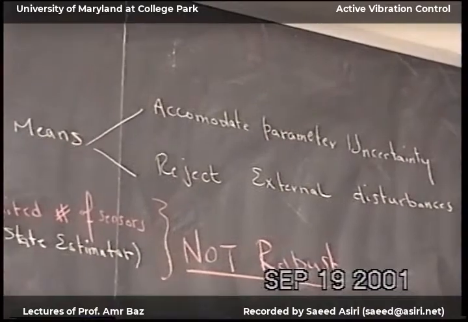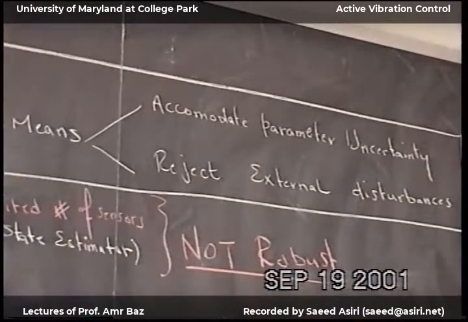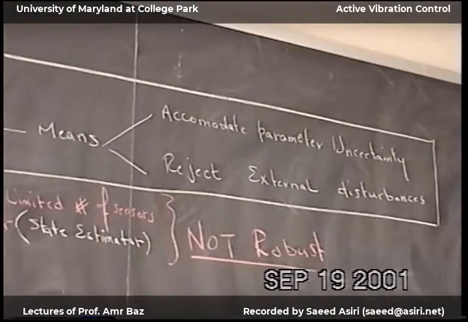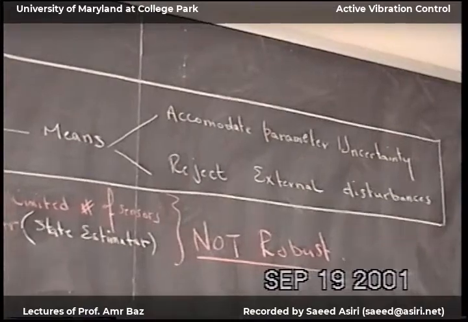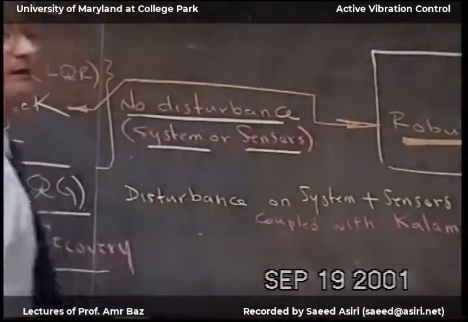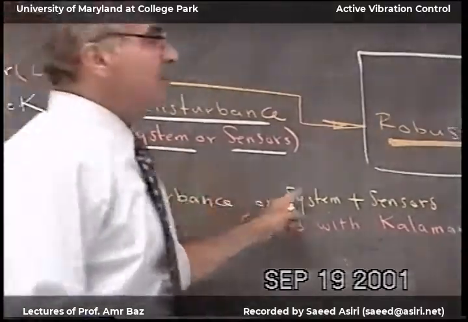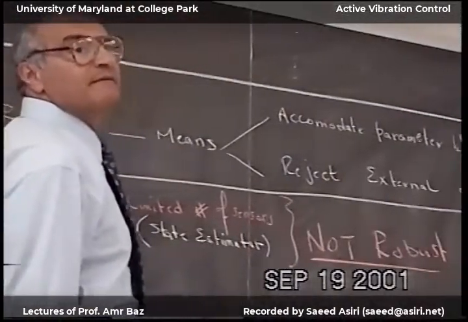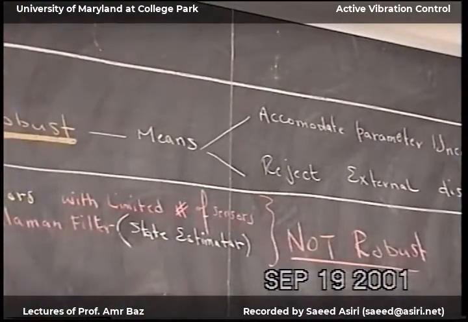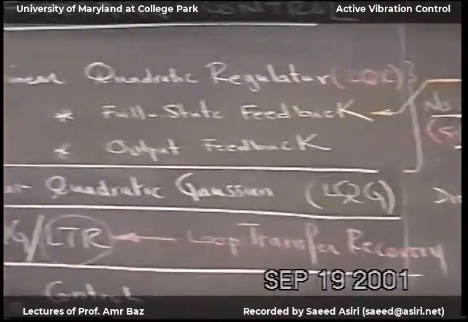This word means these two things. And you will see that in our derivation of this case, we will not consider any disturbance of the system or the sensor. But in spite of this fact, you will see that this controller is very robust. But again, the main limitation, it's not practical because we have to measure everything. So just write it here, impractical.